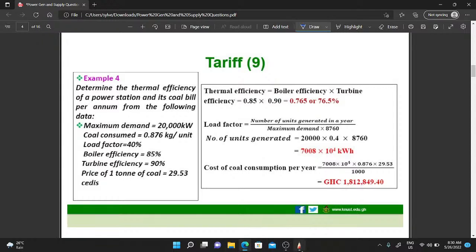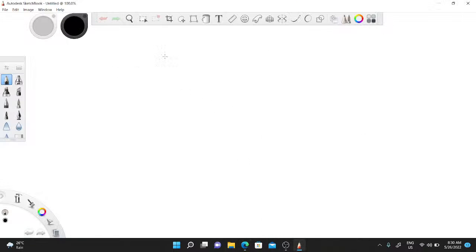We're supposed to first find the efficiency, the thermal efficiency of a steam generator, which is given by the product of the efficiency of the boiler times the efficiency of the turbine.